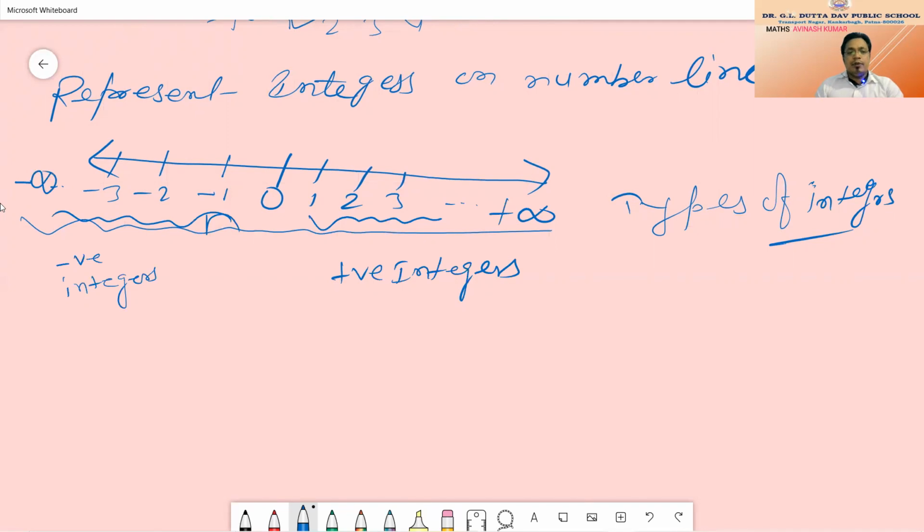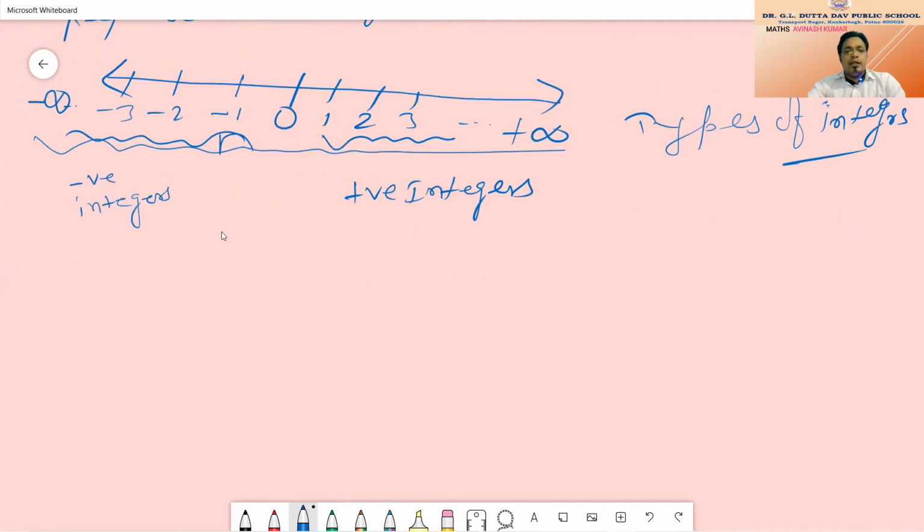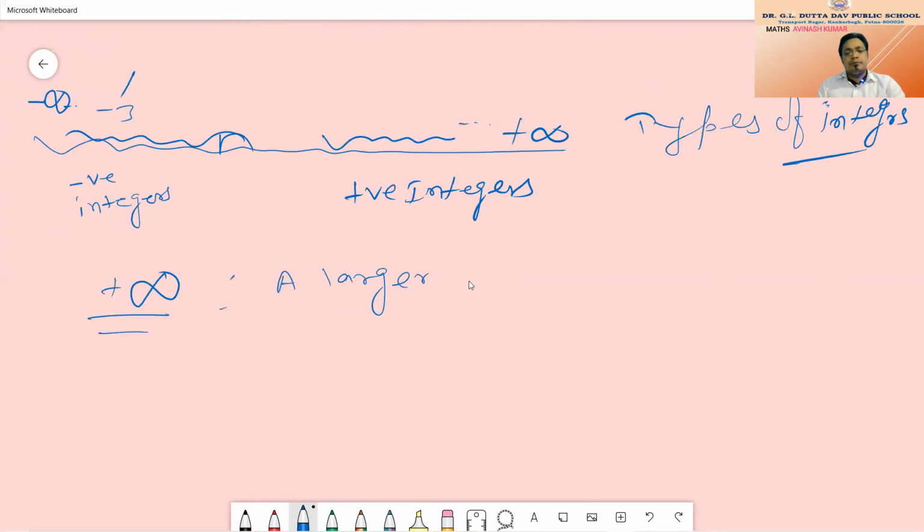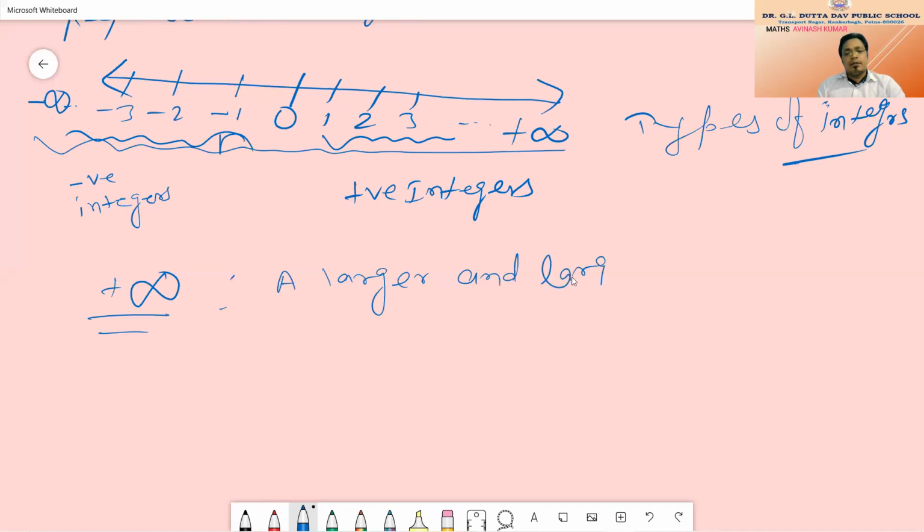So students, here we are looking, there are two types of infinity: one is positive infinity and another is negative infinity. Students, I want to explain what infinity is. What is positive infinity? A larger and larger and larger number is called positive infinity.